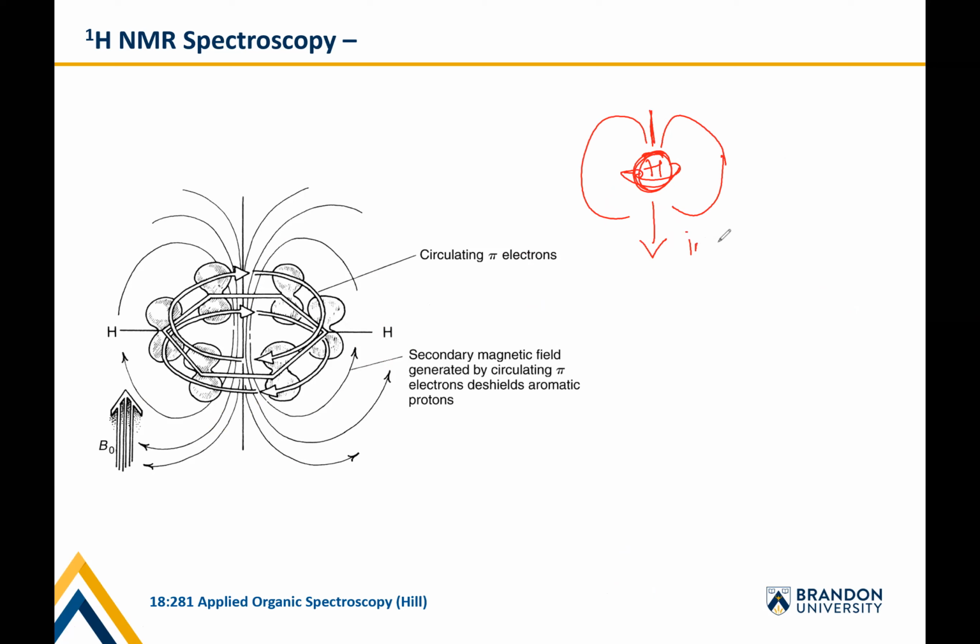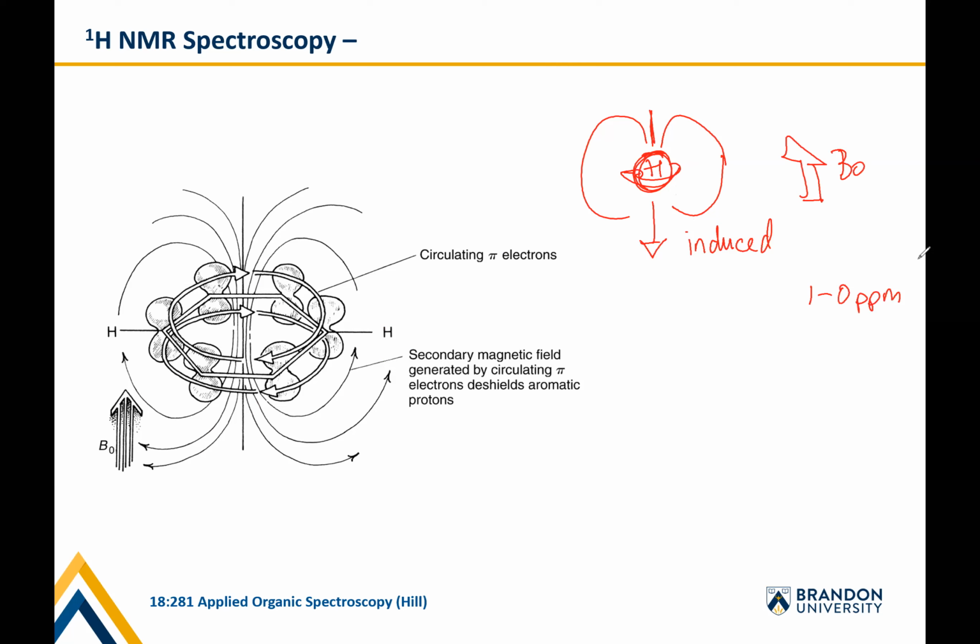So the induced field was pointing down and the applied field was pointing up. So if you had a saturated carbon surrounded by other carbon stuff, these are shielded and they're down near 1 to 2 ppm.